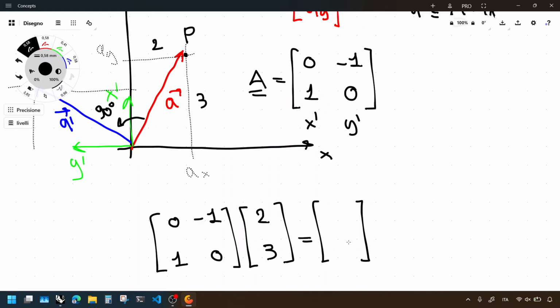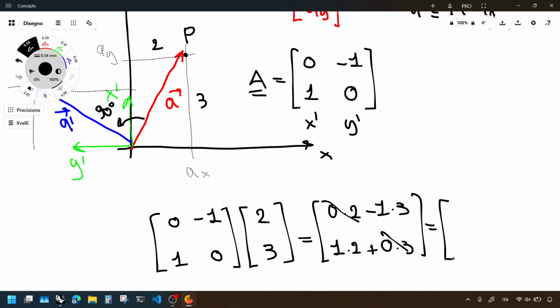Let me spell it out completely so you can see it better. 0 times 2, minus 1 times 3. And then the second row is 1 times 2, plus 0 times 3. So this is our new vector: we get minus 3, and we get 2.